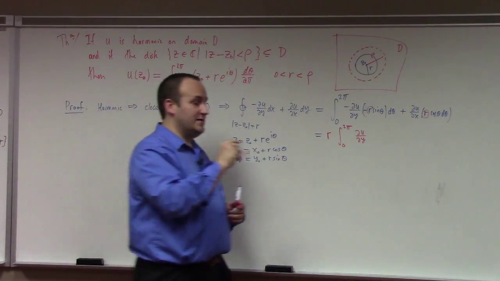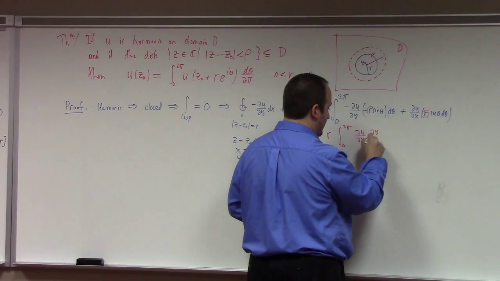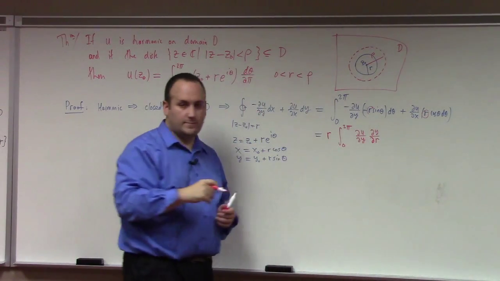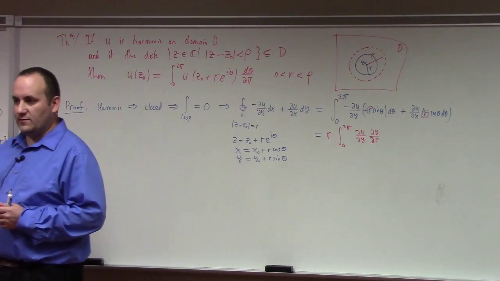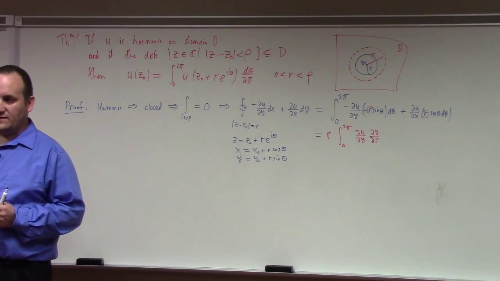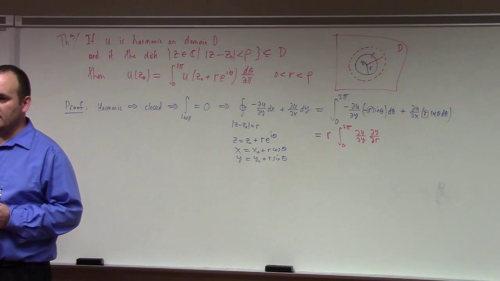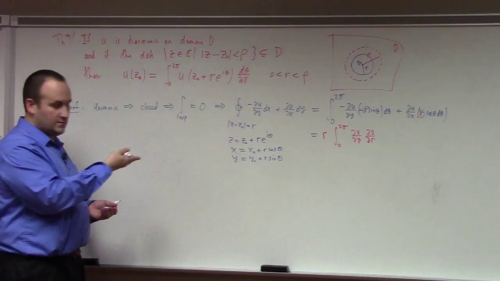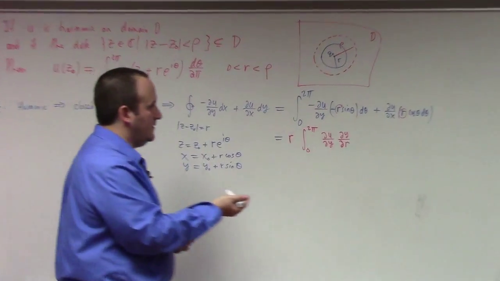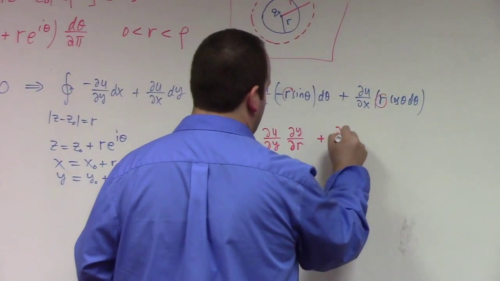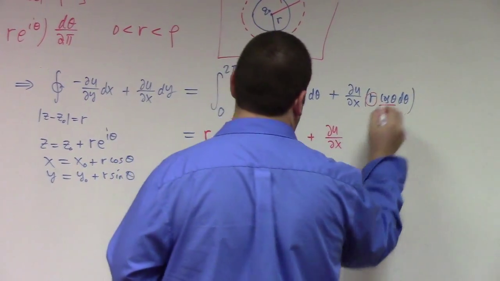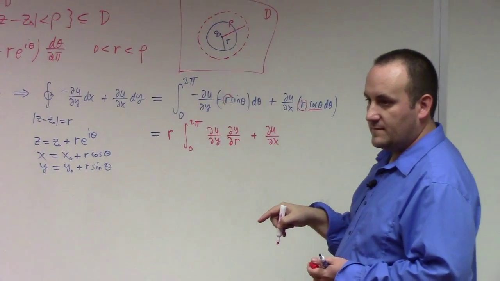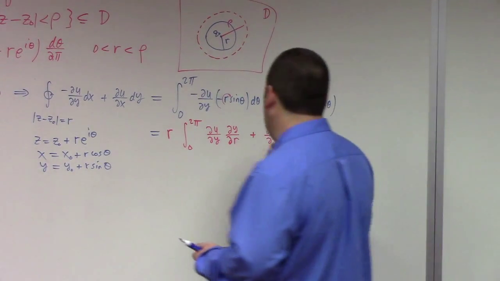So think about this. Sine theta is also partial y, partial r, because if y is equal to r sine theta plus y naught, then partial y, partial r is sine theta. And over here, you've got partial u, partial x, and there's a cosine theta left. Well, what's cosine theta? Partial x, partial r.